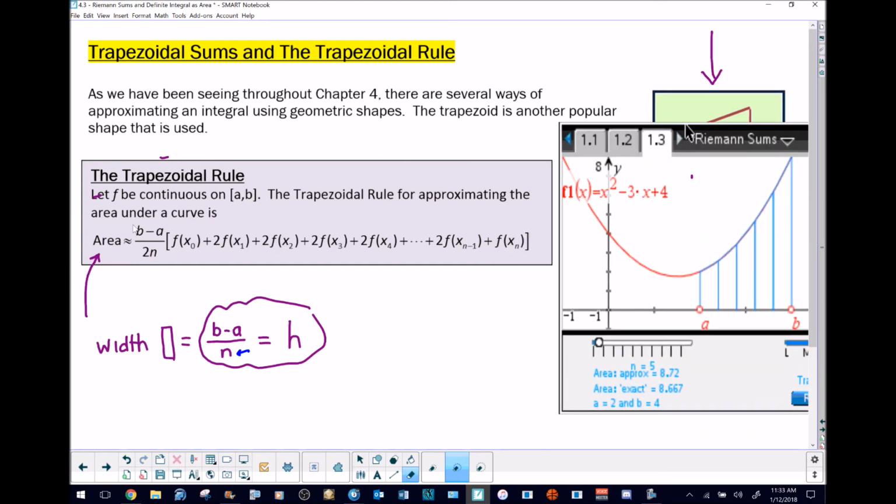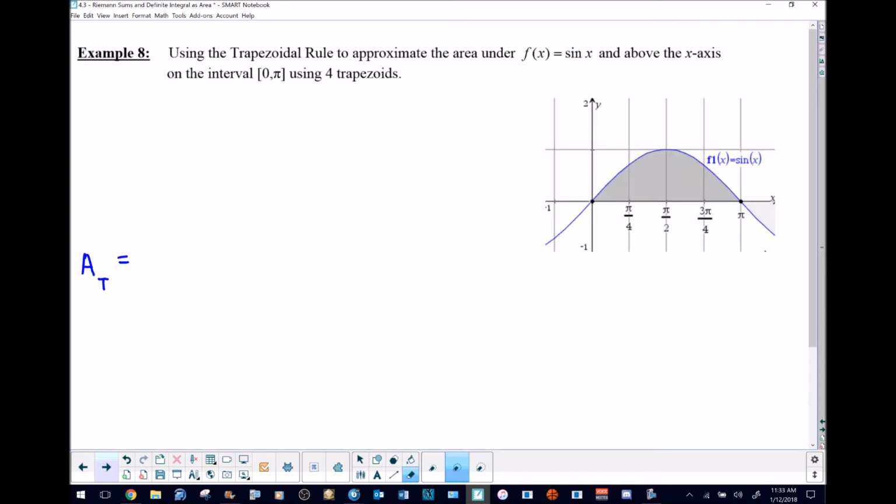So the b minus the a would involve using 0 and pi, where 0 of course is going to be the a and b would be the pi. So we start off with pi minus 0 divided by, and then if you recall, 2 times n, or in this case, 2 times 4, is going to make up the beginning part of our formula.